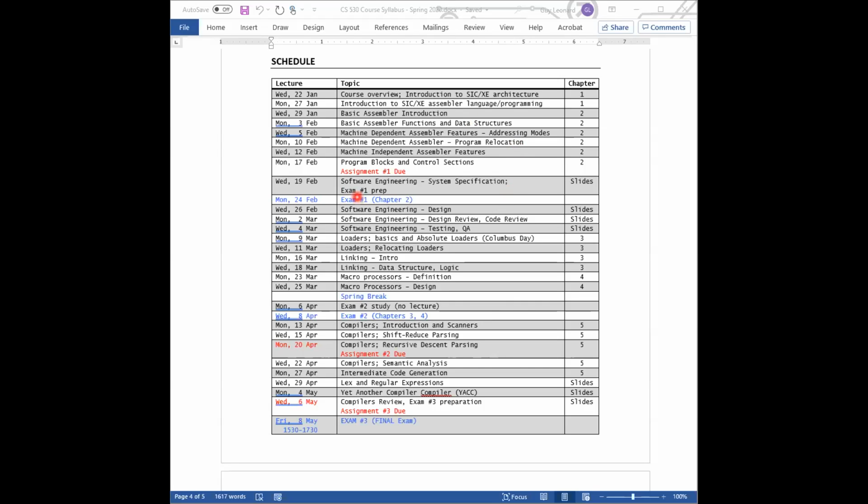Everybody can see the symbol table, right? Oh, well, that's not good. It's showing the schedule. Oh, okay.